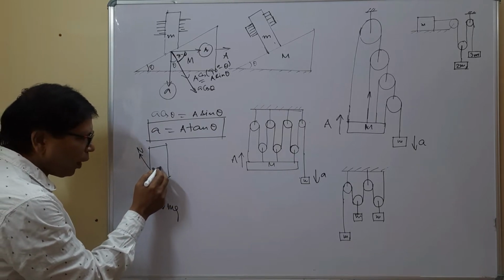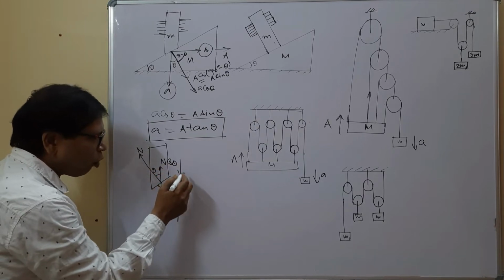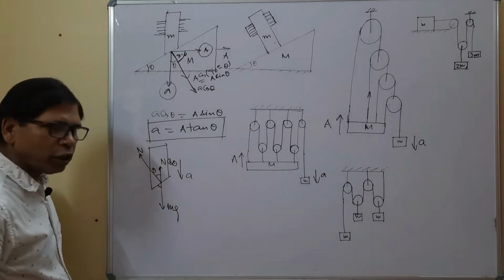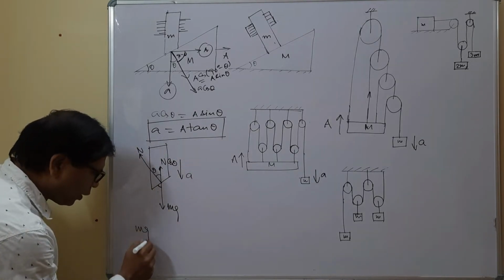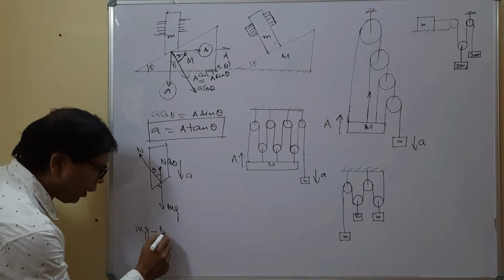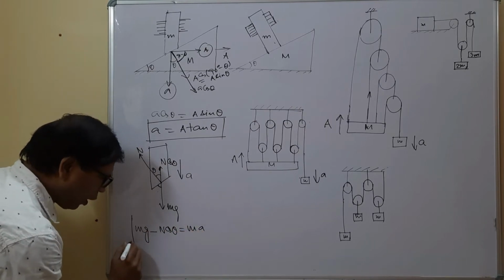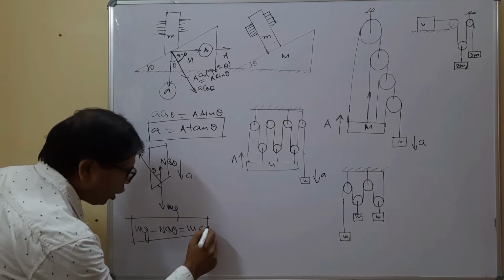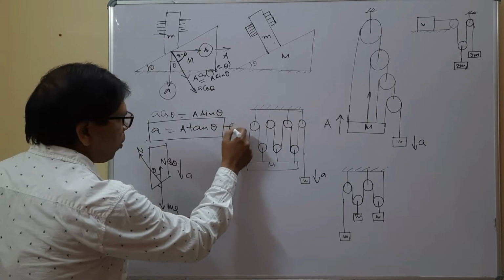Now the component of N along this direction is N cos theta. Now the acceleration of it is along this direction. So look at this, the equation of motion: mg minus N cos theta equals mass into acceleration. Okay, this equation is equation number 2 and this equation is equation number 1.